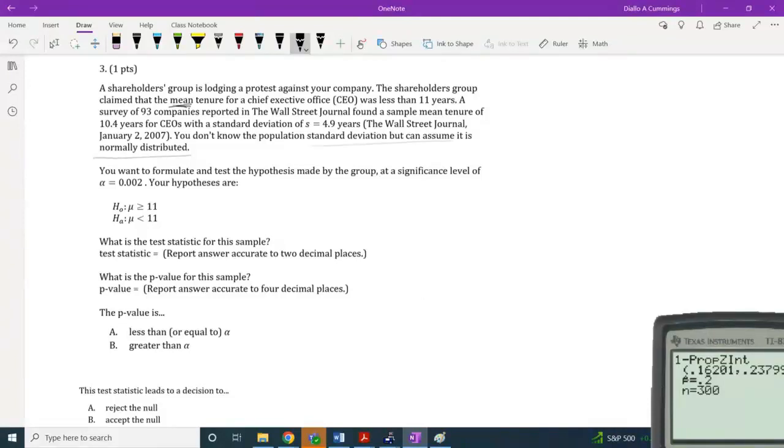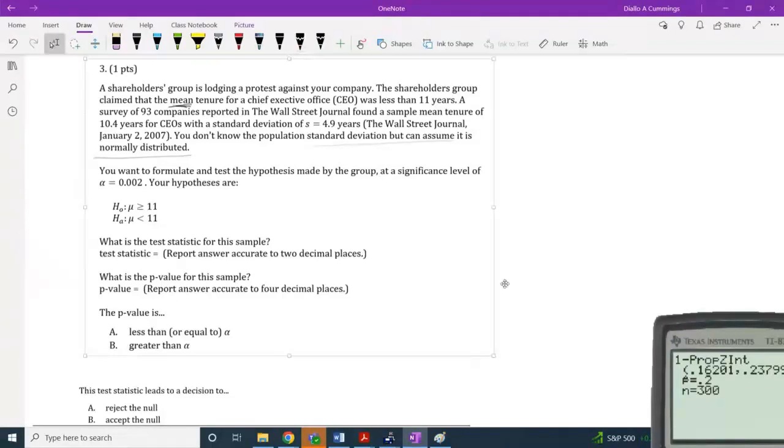Now it says you want to formulate and test a hypothesis made by the group at the significance level of, and this is our significance level, 0.002. They give us the hypotheses in this problem.